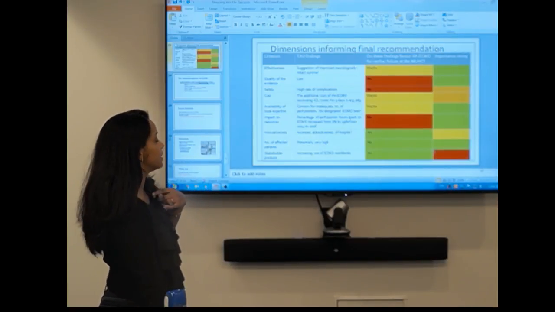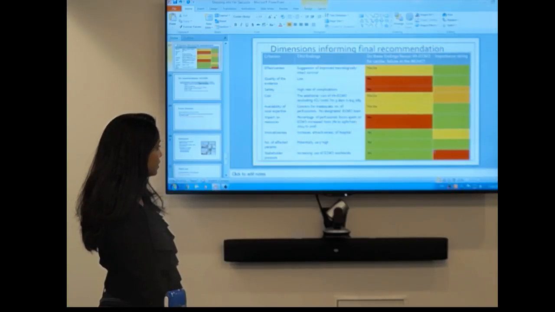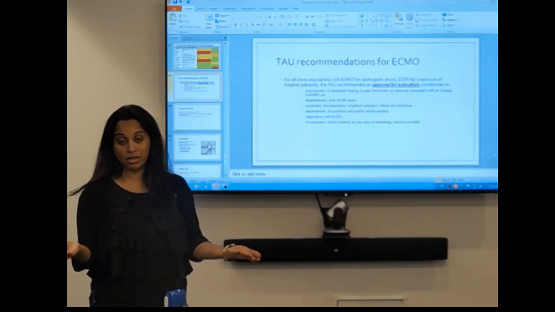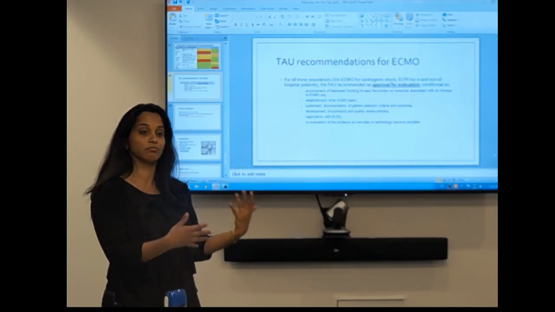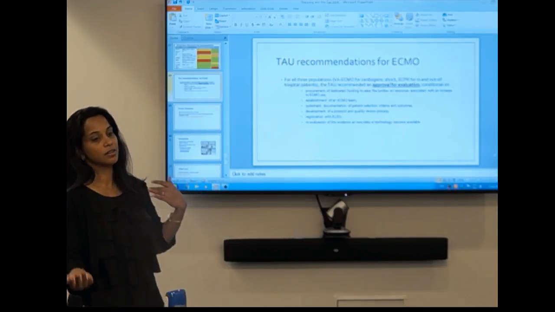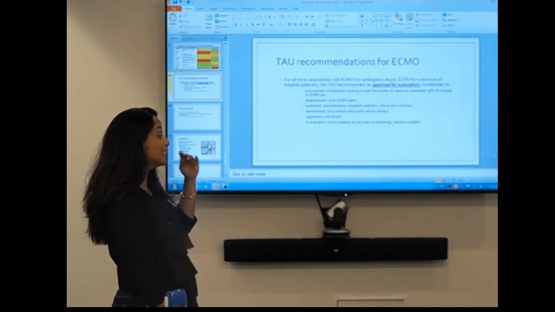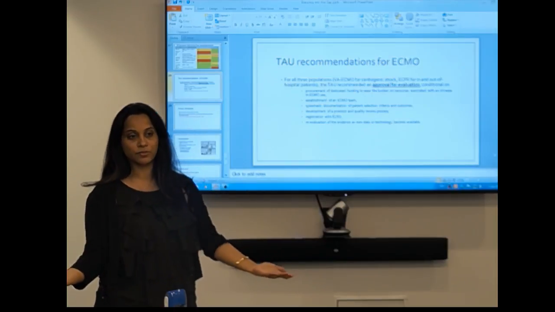Yeah, so we didn't use this tool when we made our decision, but as we saw here in this debate, there's this huge clinician pressure versus the resources used, and so we approved it for evaluation.